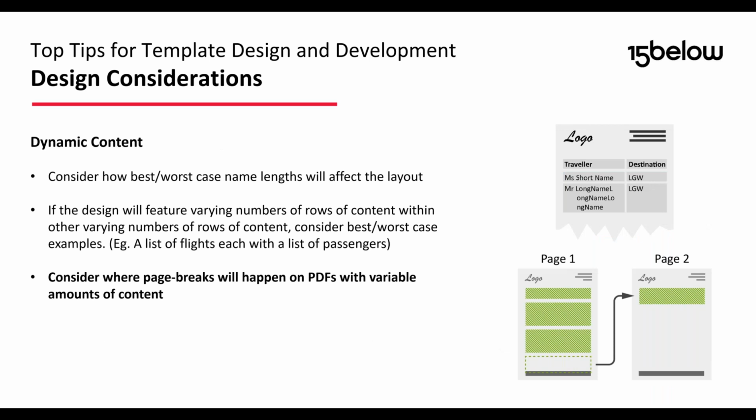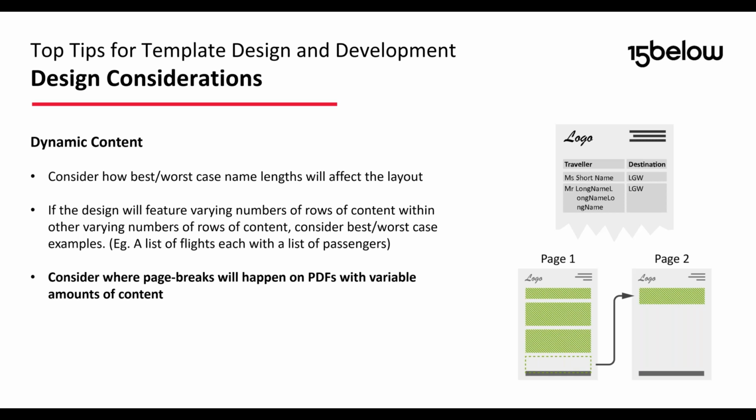So your design may feature dynamic content, as Neil mentioned. One of the main things that gets overlooked is best and worst case place names and personal names of passengers.